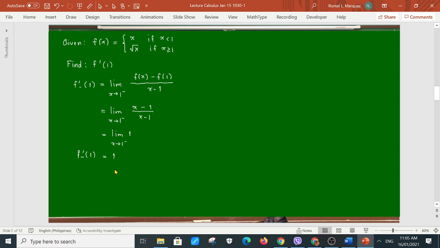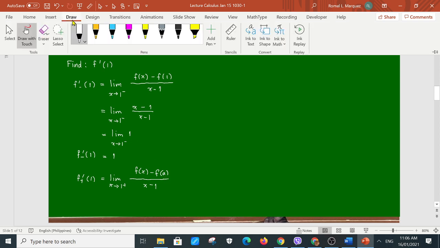Okay? What about derivative from the right at x equals 1? Limit as x approaches 1 from the right of f of x minus f of a. But what is our f of x? All over x minus a. Our a is 1, no?